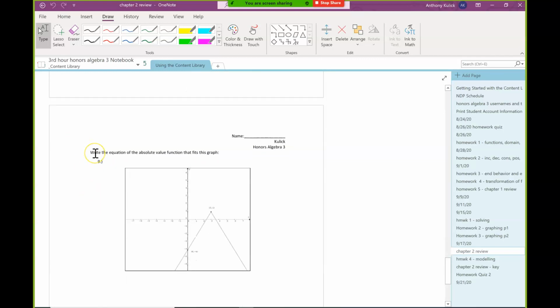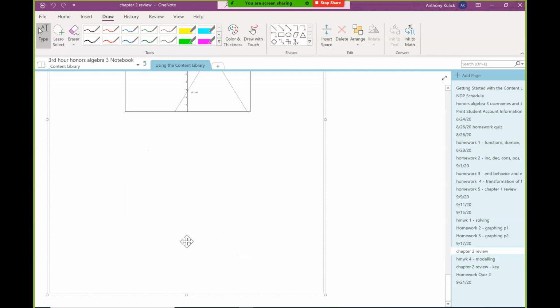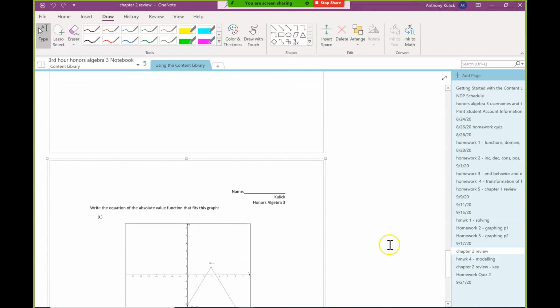And then some modeling questions, where again, these ones where I've given you the graph, you'll notice that I've also labeled a point on there for you, or labeled the points. I know that it's sometimes difficult to track and find those, so I've gone ahead and done that to help you out.